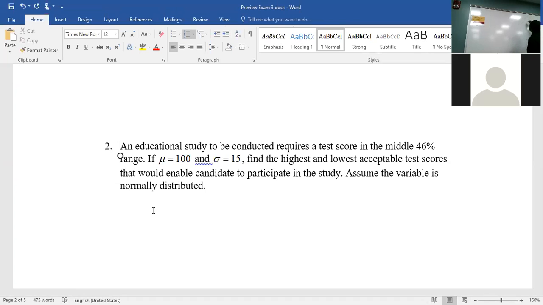So this is the middle. And we have these two numbers. So 46% here, we'll have here 0.23 and here 0.23.